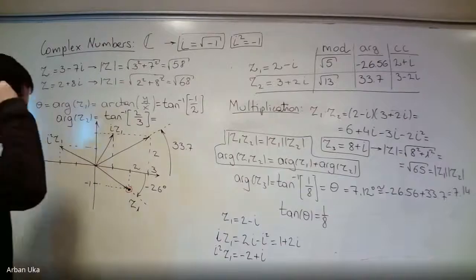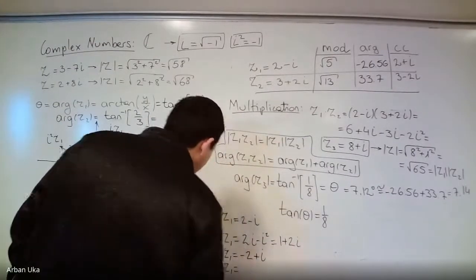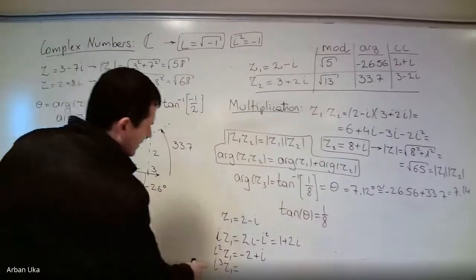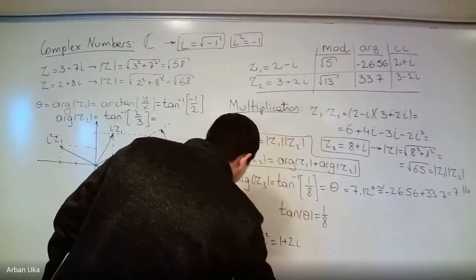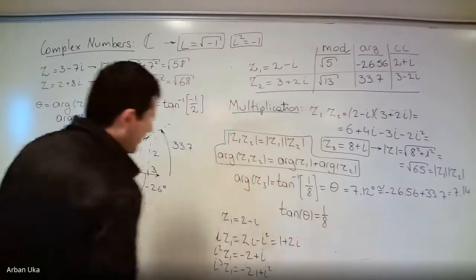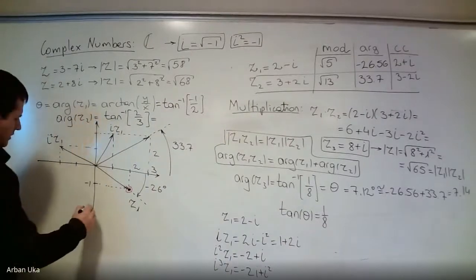And then let's multiply to get i cubed Z1. Let's multiply this by i, which is minus 2i plus i squared, which means that it's minus 1 minus 2i.